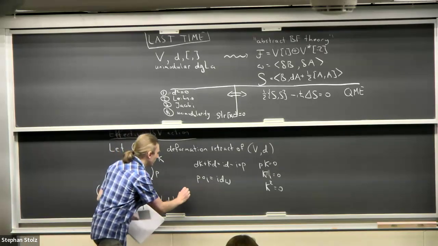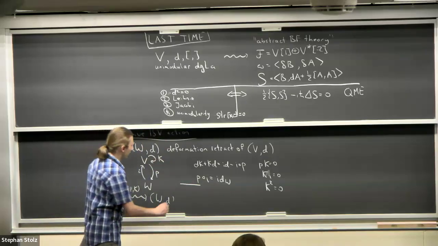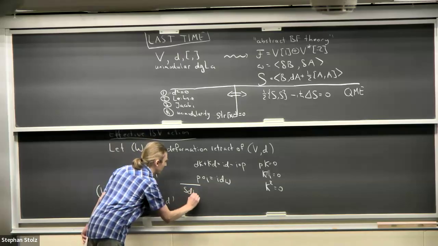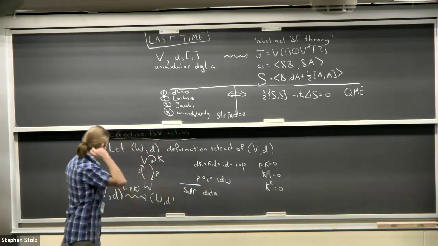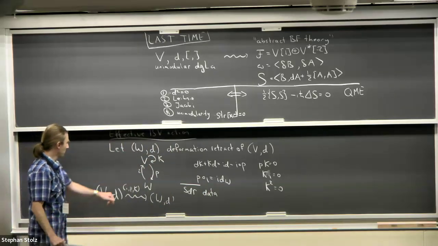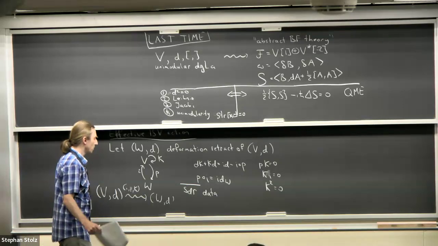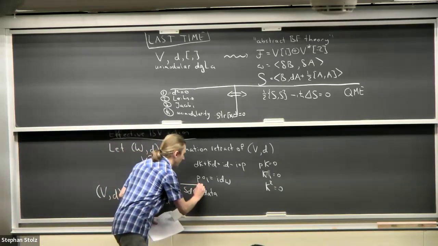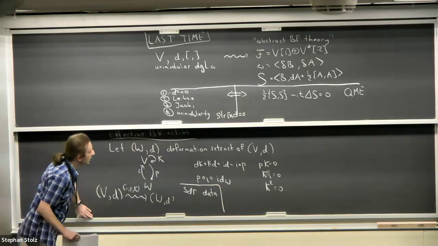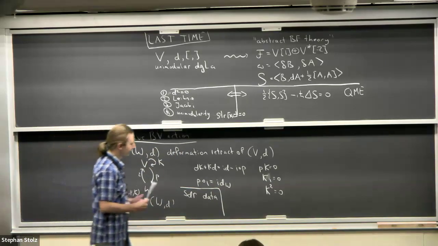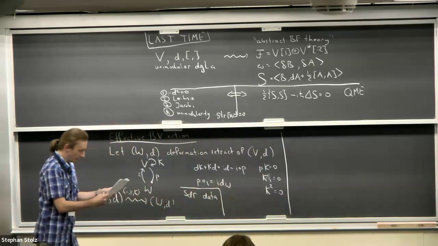The standard name in the literature is strong deformation retraction data, or SDR data. For some reason, I didn't know that name, and I got used to calling it an IPK triple, or also induction data is another name for it. This is the data that appears in cohomological perturbation theory. Okay, so let's say that I have fixed such data.